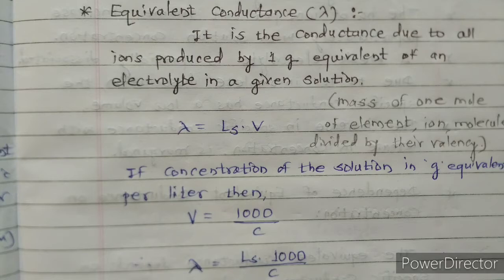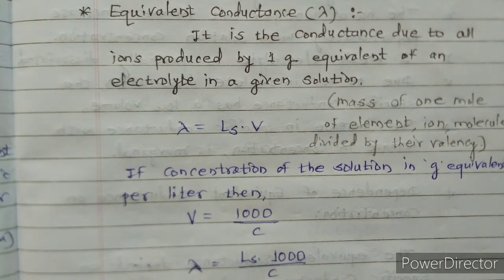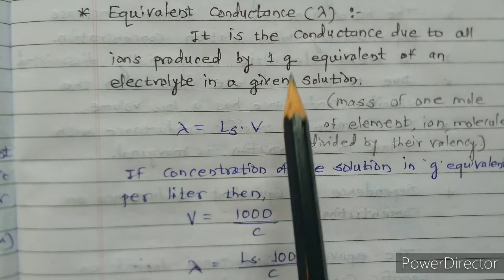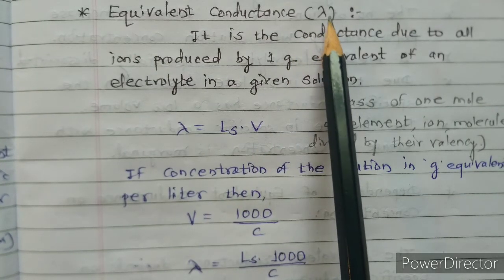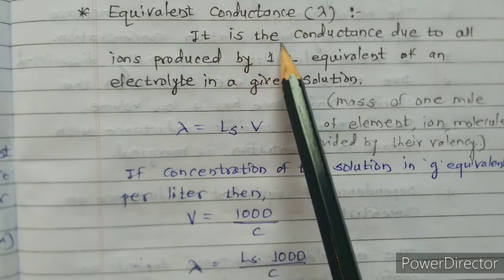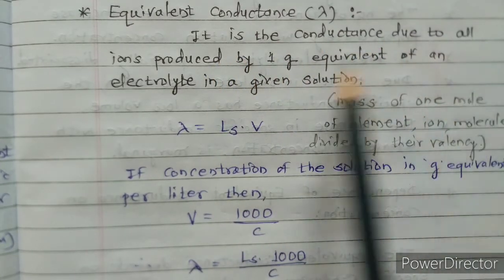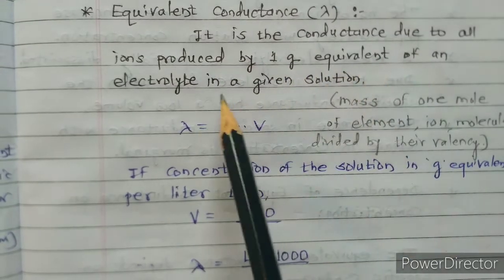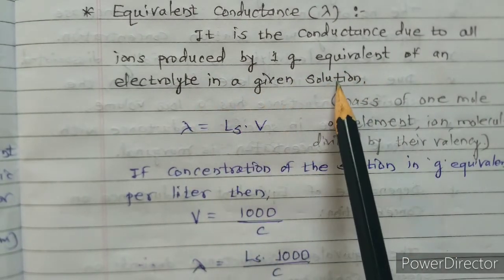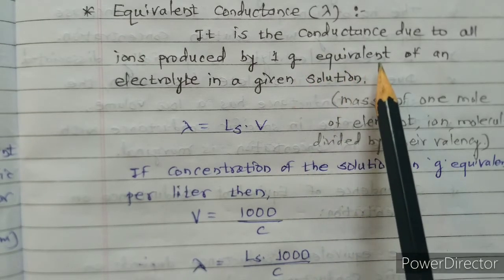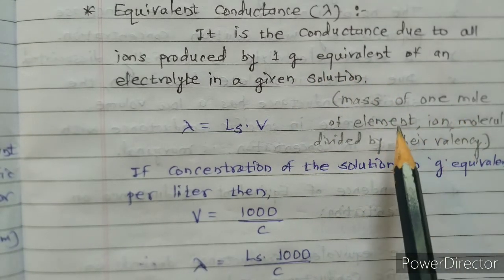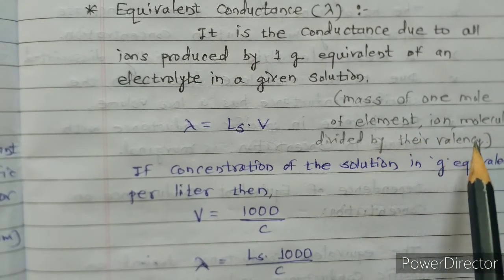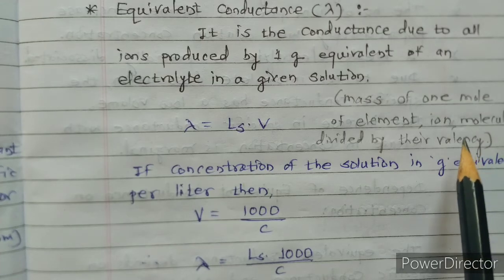After specific conductance, the next term is equivalent conductance. Equivalent conductance is indicated by the letter lambda. It is defined as the conductance due to all ions produced by 1 gram equivalent of an electrolyte in a given solution. 1 gram equivalent means the mass of 1 mole of the element, ion or molecule divided by its valency or oxidation state.